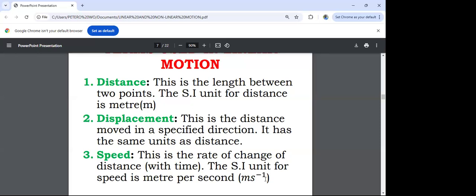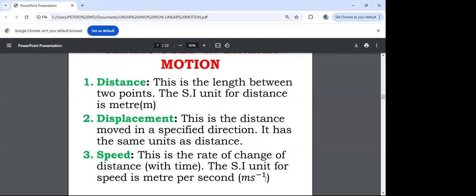Distance is a scalar quantity. We just talk about the size. I moved 30 kilometers. But then displacement, we talk about both the size and the direction. So it becomes a vector quantity.